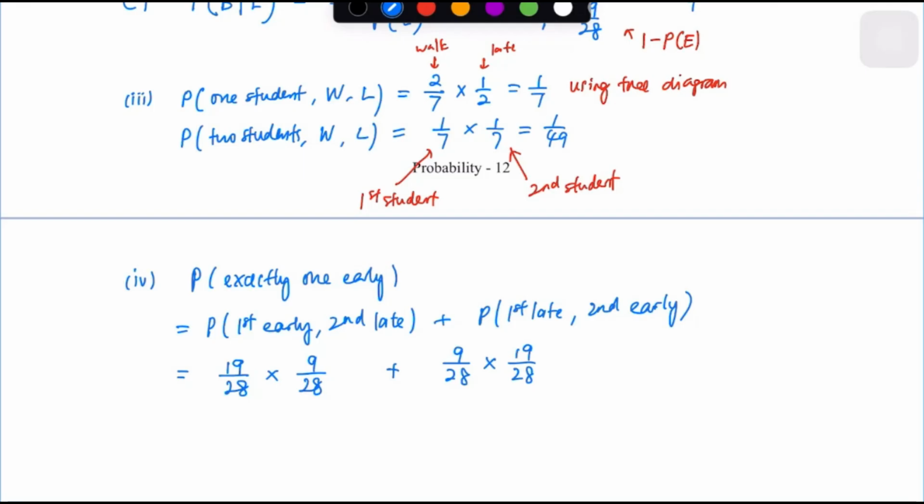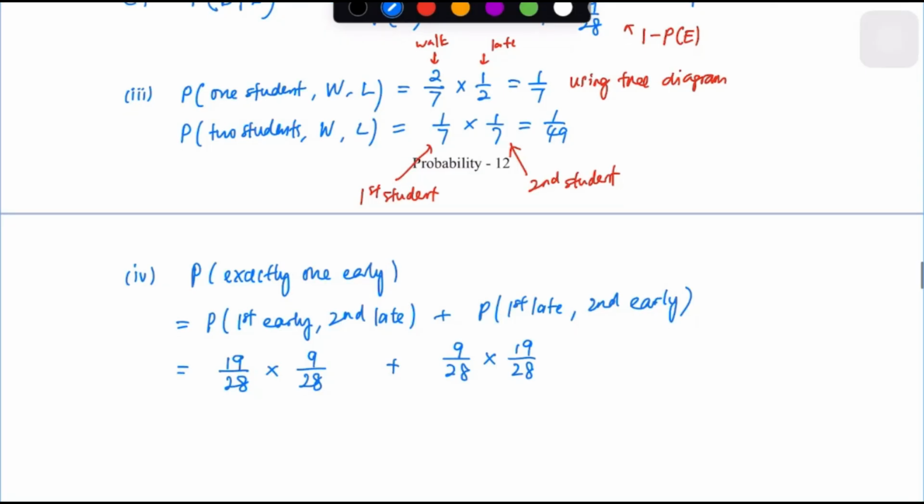So this is EMath, but we are extending the problem to two students. Altogether this is 171/392. The question asks us to write in 3 SF, so 0.436 to three significant figures.